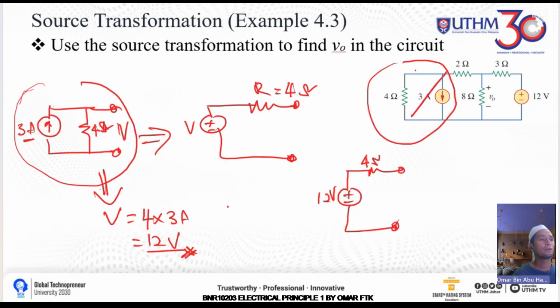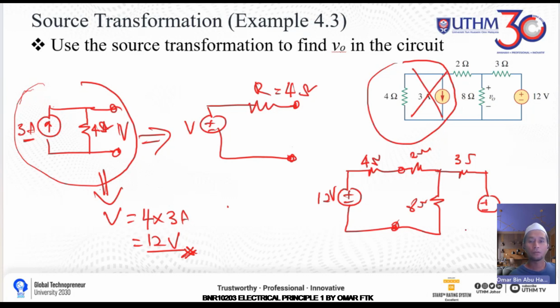Then you remove all of this and put the remaining elements in the circuit like this: 3 ohm, and then you have 12 volt here.